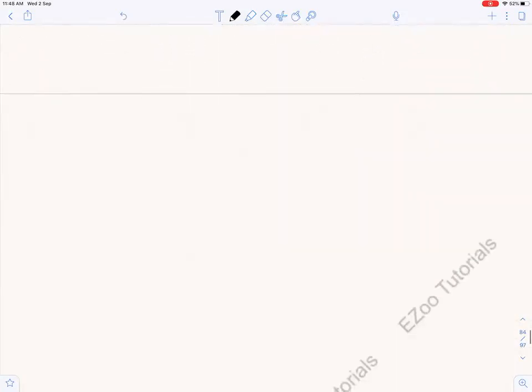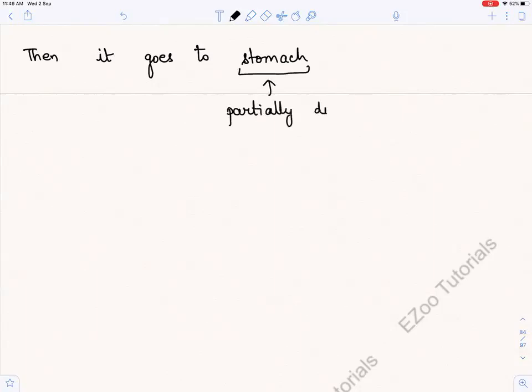Now, let us see what is happening more. Then it goes to the stomach. And what happens in the stomach? What is coming in the stomach? Partially digested starch is coming in the stomach.